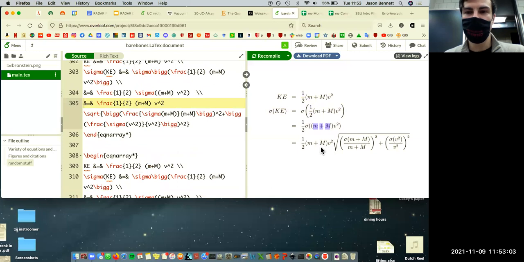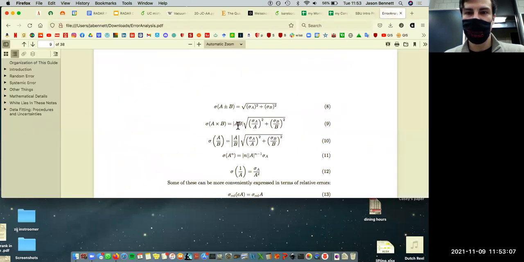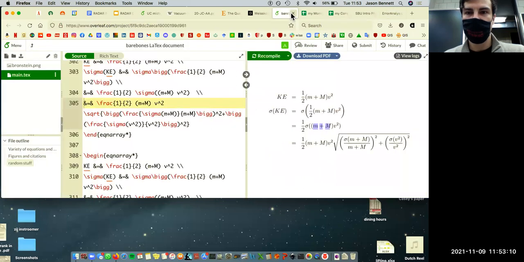And so all that we do is do the AB on the outside, and then the square root of the uncertainty of A over A squared plus the uncertainty of B over B squared.